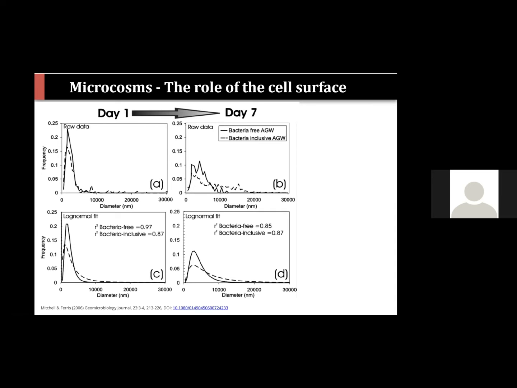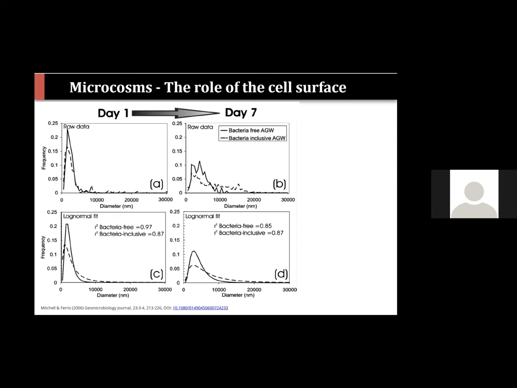Now, even though we have the same bulk chemistry in the bacteria-free and the bacteria-inclusive zone, it seems that ultimately microscale reactant supply limitations in the bacteria-free zone lead to smaller crystals compared to the bacteria-inclusive zone.